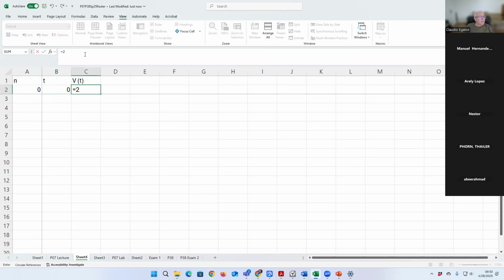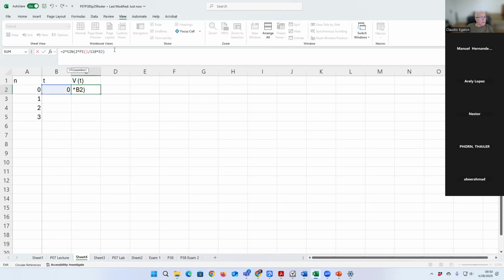Let's say 2 volts times sine of 2 pi times t. Everybody knows how a sine function works. Right here, I'm going to put the number of points that we have. I don't want 2 pi, I want 2 pi divided by 10.